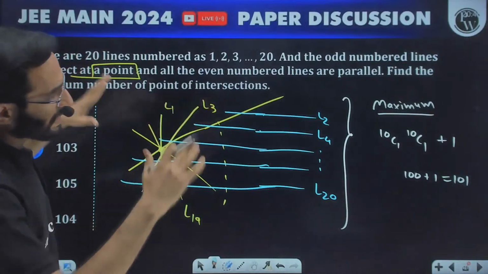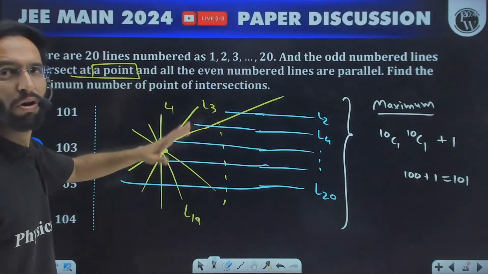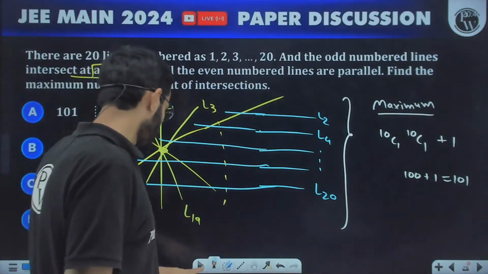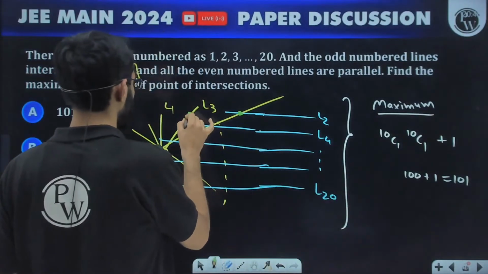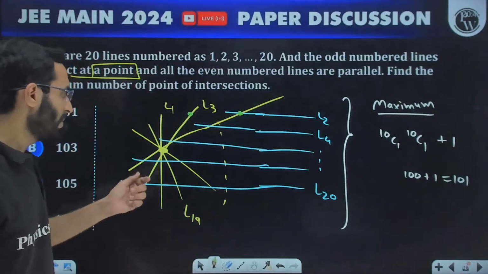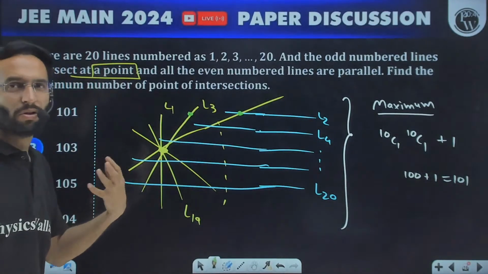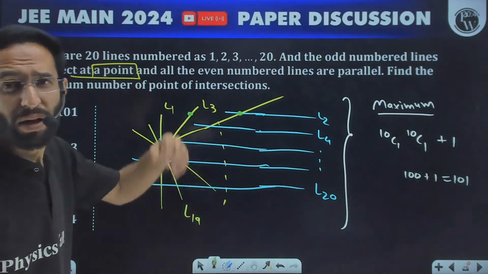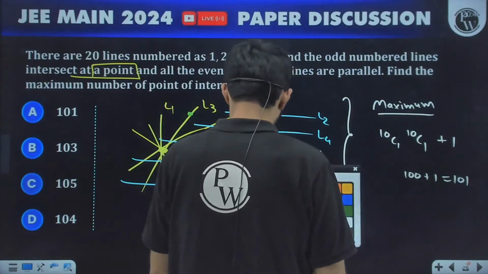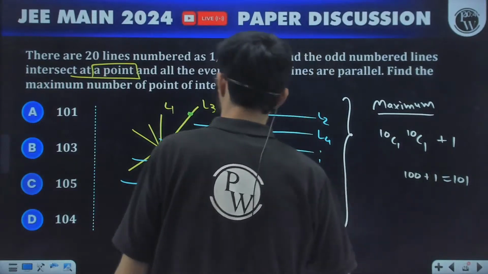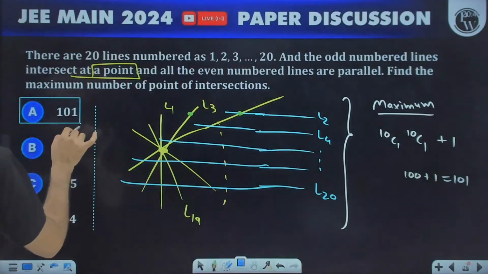To take the maximum, I'm keeping all those points separate. Here I'll get 1 point, here I'll get 1 point. It might be possible that a few lines are not going to intersect with a few lines, but here I'm going to consider that all 10 lines are intersecting. Hope this is clear. The final answer is 1 not.